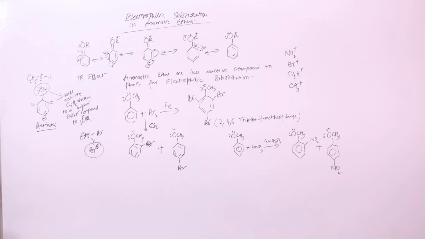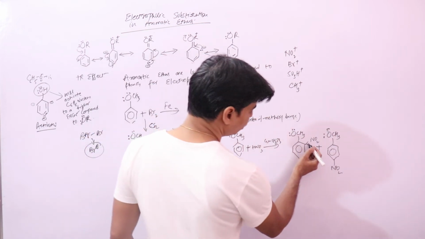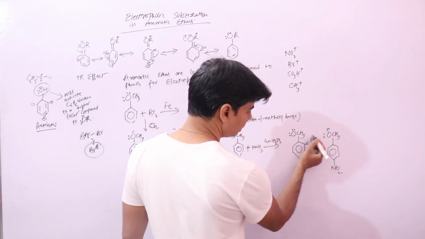The name of the product is ortho bromo. This one is ortho bromo anisole, para bromo anisole, and in case of nitration, it's ortho nitro anisole and para-nitroanisole, right? Or you can write it as 2-nitro 1-methoxybenzene in the IUPAC system.